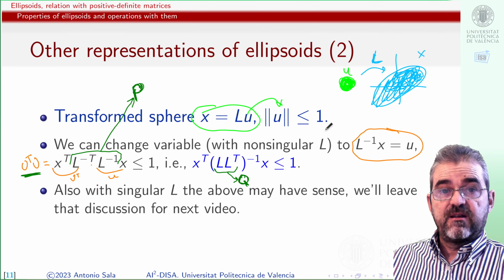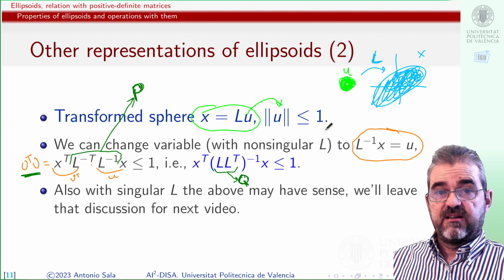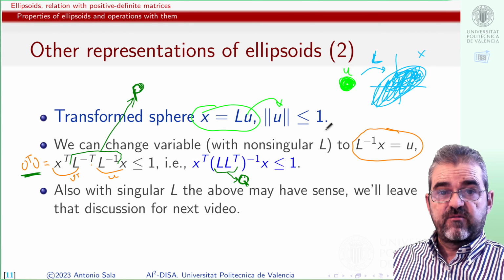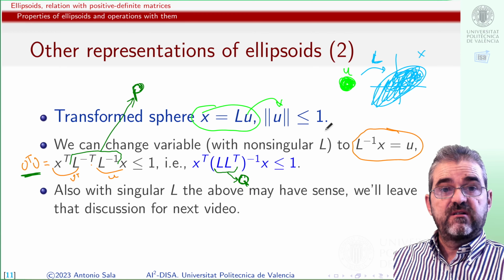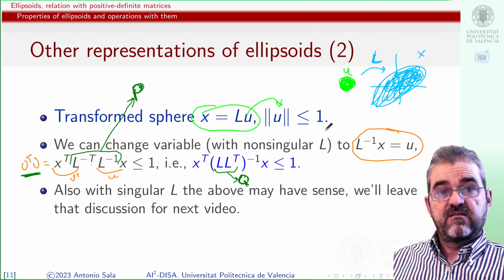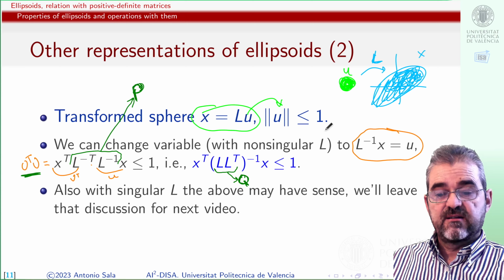So indeed, any arbitrary invertible linear transformation of a sphere renders an ellipsoid. So this is the third way, let's say, of representing any arbitrary ellipsoid. In fact, the linear transformation L can even be non-invertible, non-square, but to keep things simple, we'll leave that for a sequel video. For the moment being, we end here.